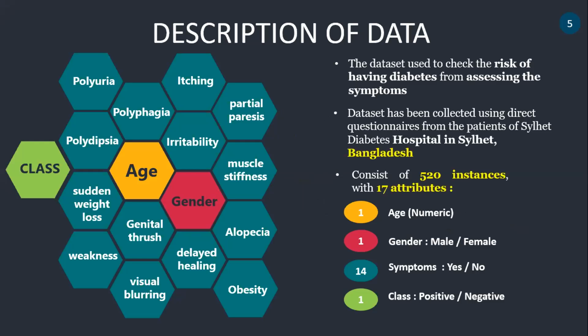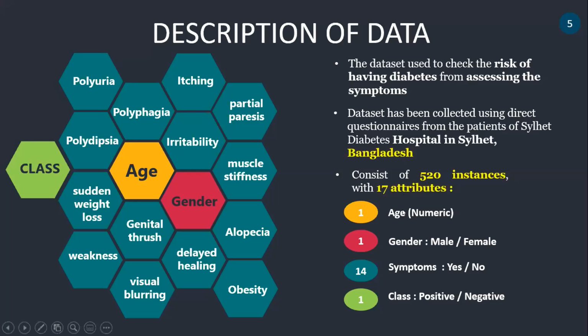So, description of the data. The data set is used to track diabetes from assessing the symptoms. It has been collected from Bangladesh, particularly from a hospital in Sylhet, and it consists of 522 records with 17 attributes.